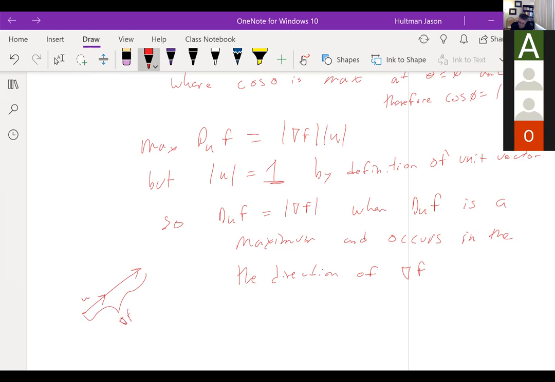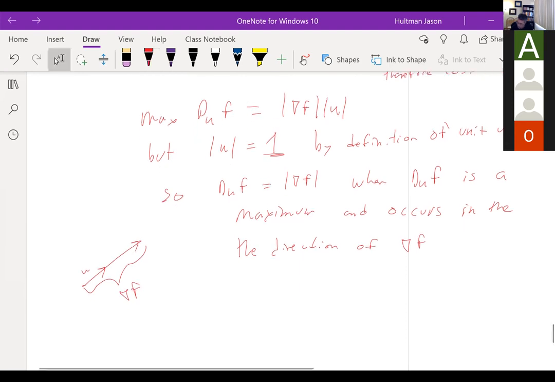Well, if they're in the same direction, that means that the angle between them is 0, which means that the directional derivative is going to be in the direction of u by definition. But what also is in the direction of u? Del f. Del f is in the direction of u as well because they're on the same trajectory. They're on the same path. So, of course. So proven. Boom.